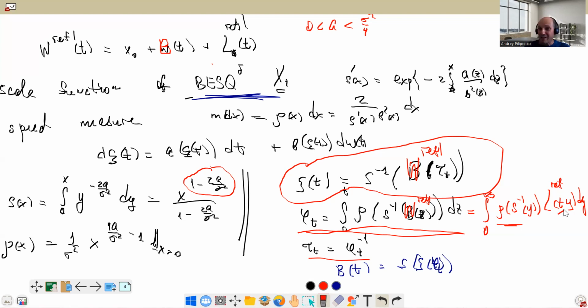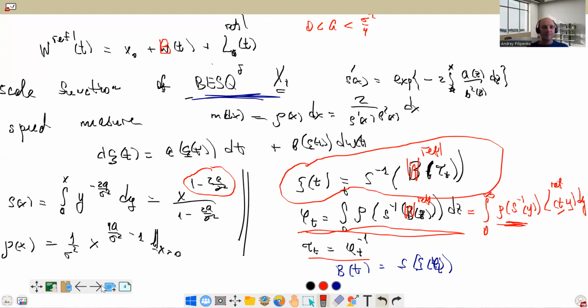But L of t,y, it is well known that this function is continuous in y, and you have power asymptotics at 0, and this power is greater than -1. So this function is integrable. So this functional is well defined, and the inverse is well defined.